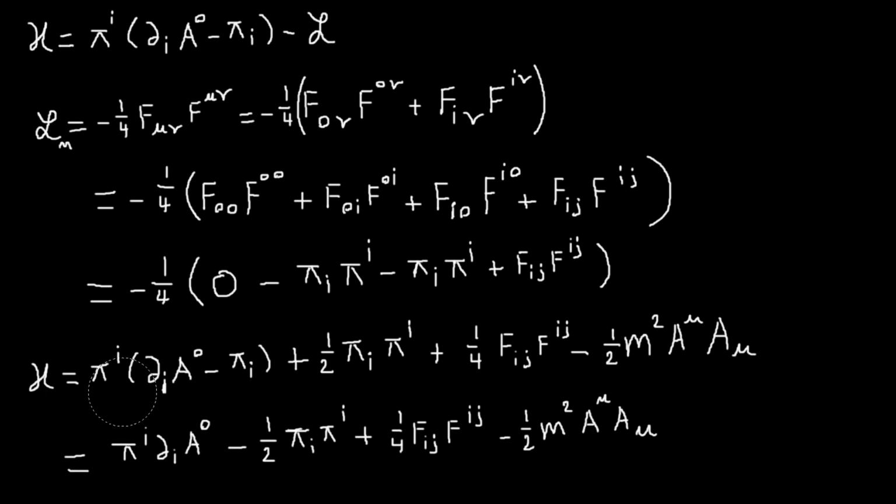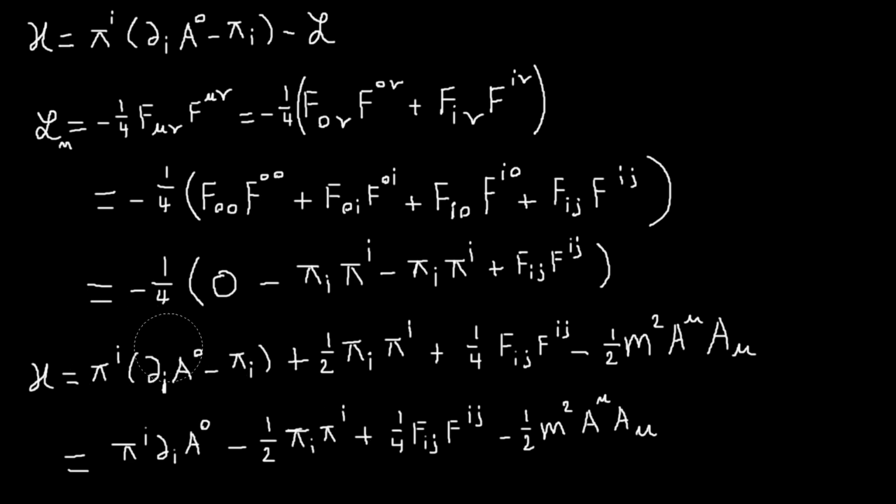And then we can notice that, expanding this out, this second term here will be minus π^i, and then we'll add 1/2 π^i, so that will give us a net minus 1/2 π^i.